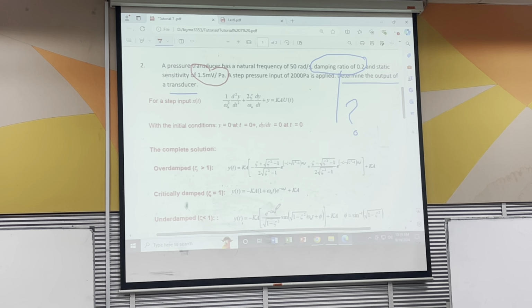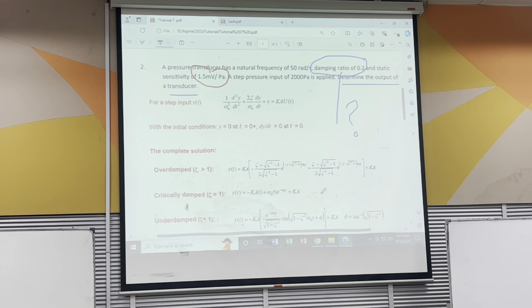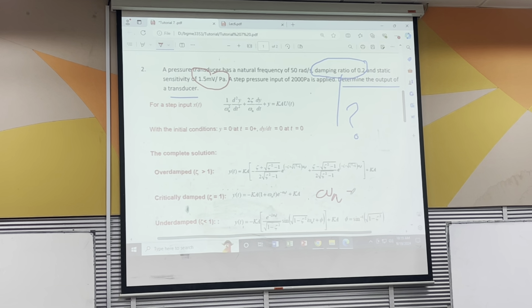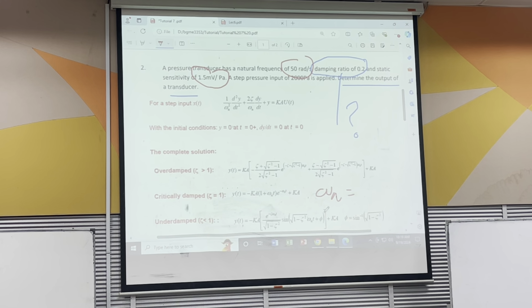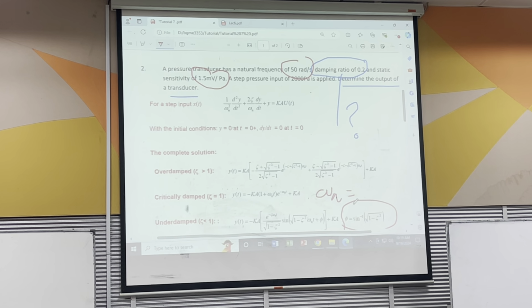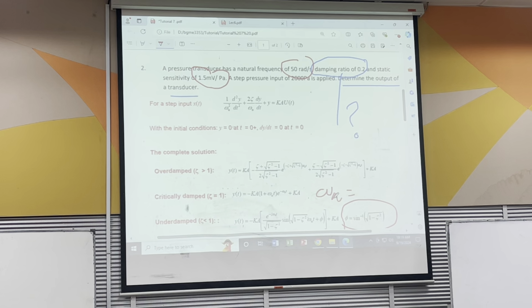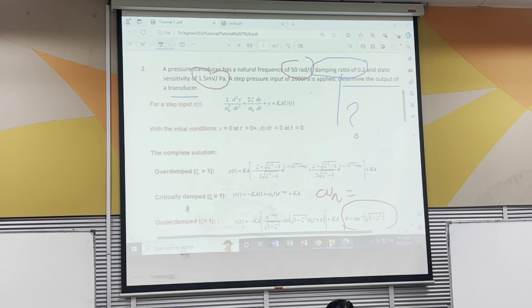So zeta value is 0.2, no problem. What is your angular frequency, omega n, here? 50, correct. So the rest, I think, is given. Your phase shift here you can find from the inverse sine, right? So try and do it now. I give you a quick 3 minutes for this. See whether you can get the value or not.